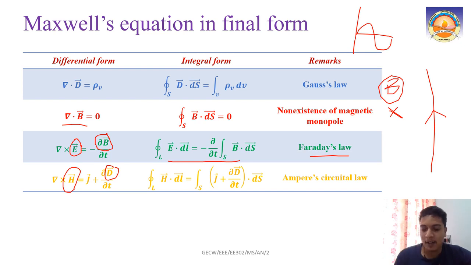If you consider an alternator, or a dynamo, when you start rotating your coil in the magnetic field, induced EMF will be produced. That much is okay, that is Faraday's law. Once your induced EMF is produced, through that loop a current will be flowing.